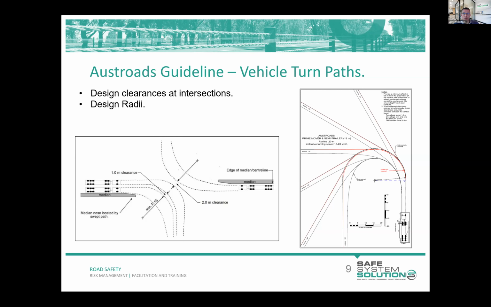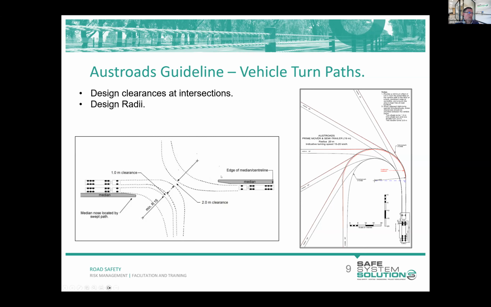In the old days, we had transparencies that looked like this image on the right, and you'd see designers swiveling them around the top of plans to check whether these larger vehicles could fit. These days, it's all done in CAD using a program like AutoTurn. And many of you, I'm sure, have seen the outputs of that software.